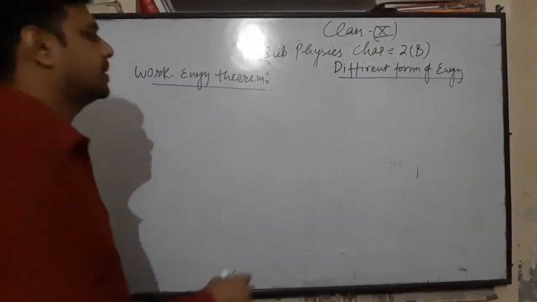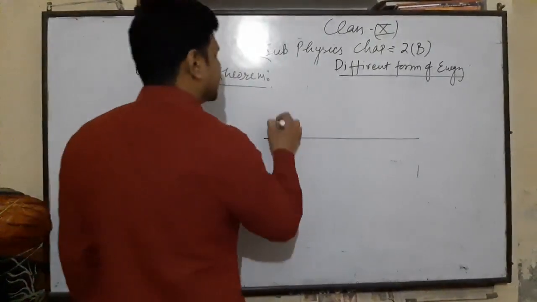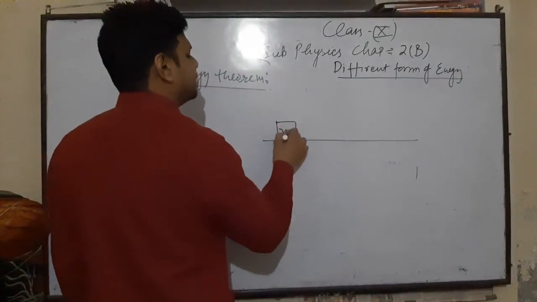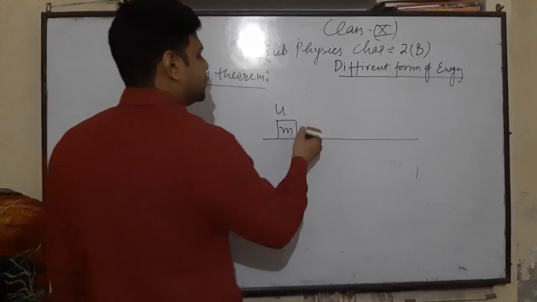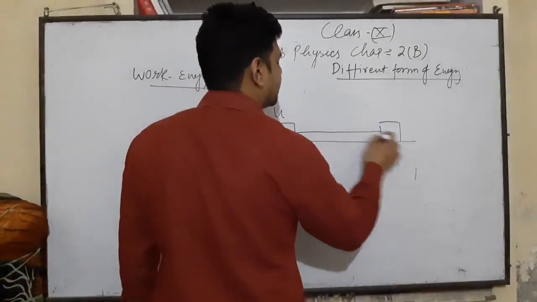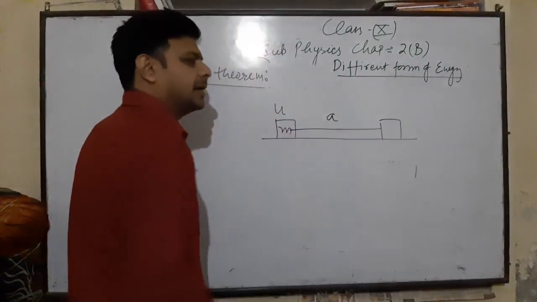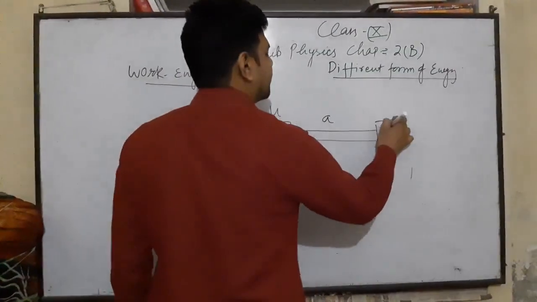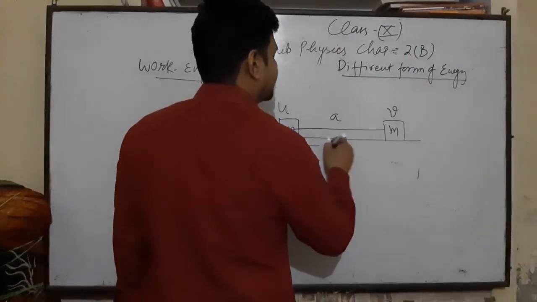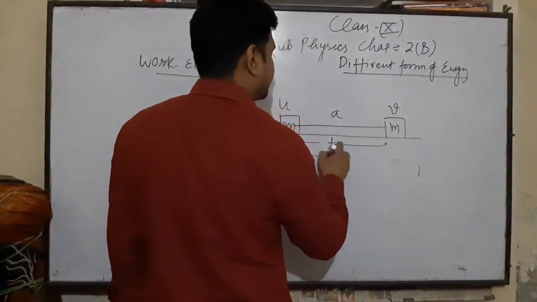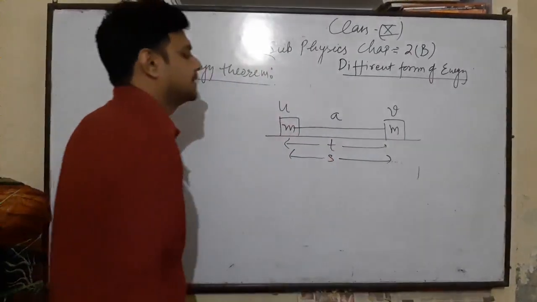So let's consider a scenario. Consider an object of mass m moving with speed u, and due to some acceleration produced by a force, its velocity becomes v. The time taken is t and the distance covered by the object is s.